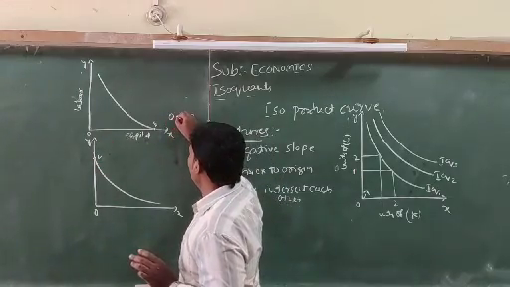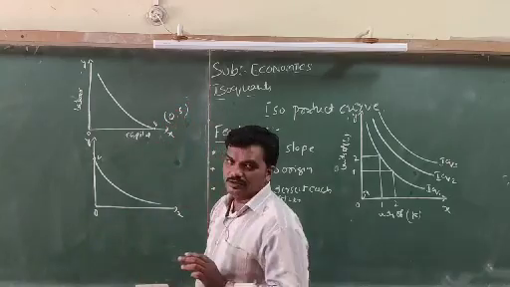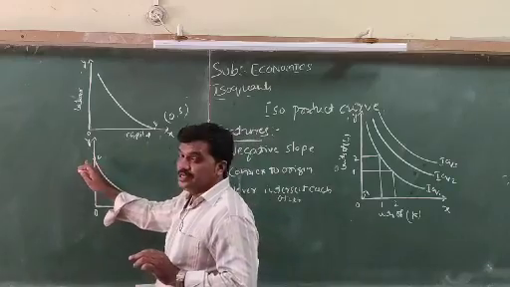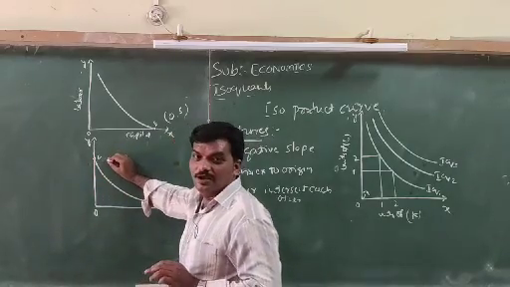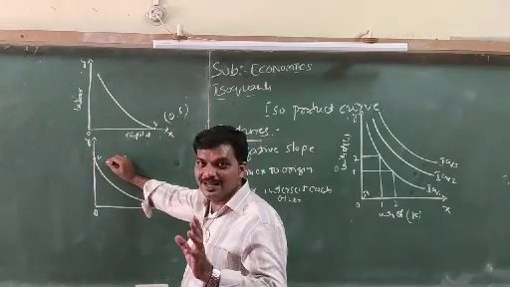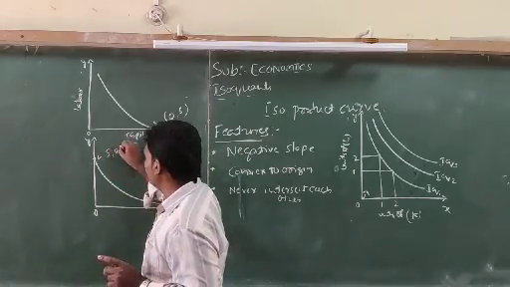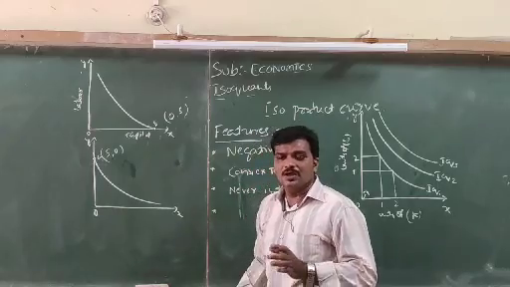That means 0, 5. And in this combination C, the producer is only using labor and 0 units of capital, that is 5, 0.